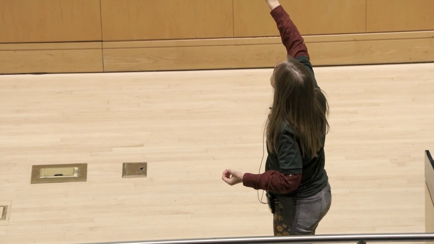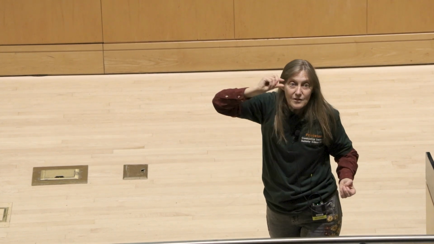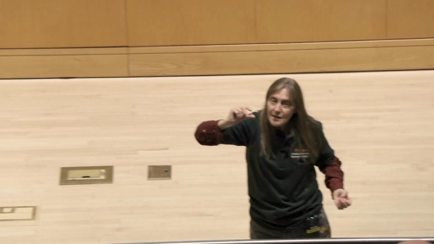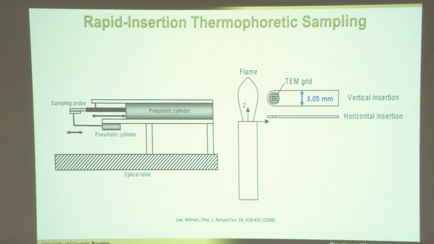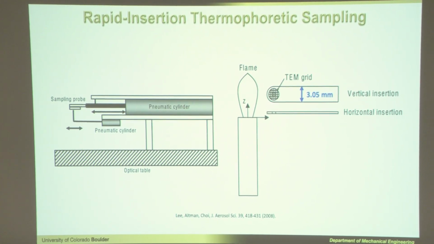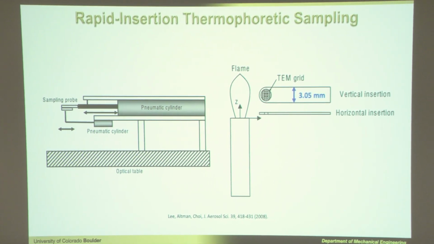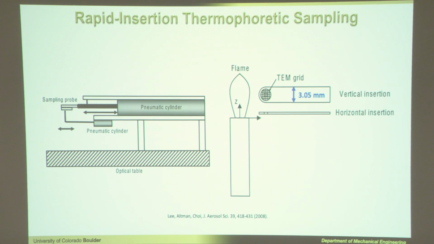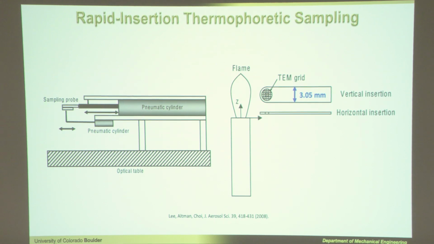The grid tends to be on the order of a couple to 3 millimeters when you're doing TEM grid sampling. So your sample can be pretty big compared to your flame. And people have found that it's better to have the grid vertical in the flame, but then you mess up if you're interested in what's happening as a function of height in the flame, and you have a 3 millimeter grid, you're going to mess up your vertical resolution, right?